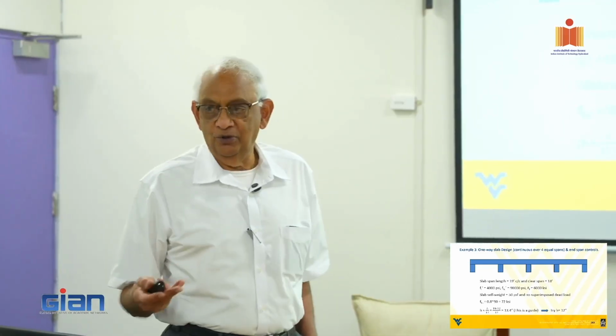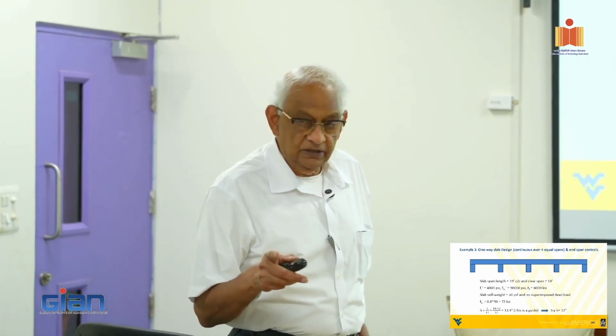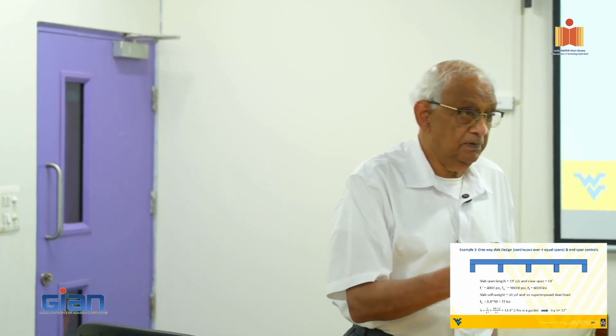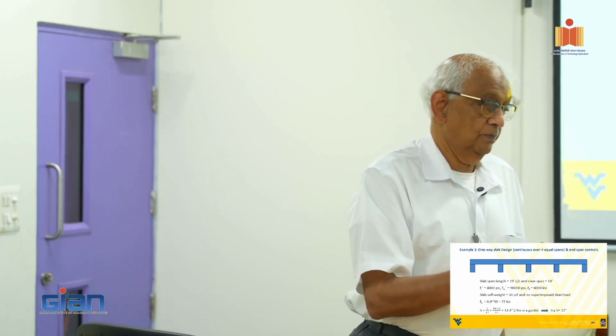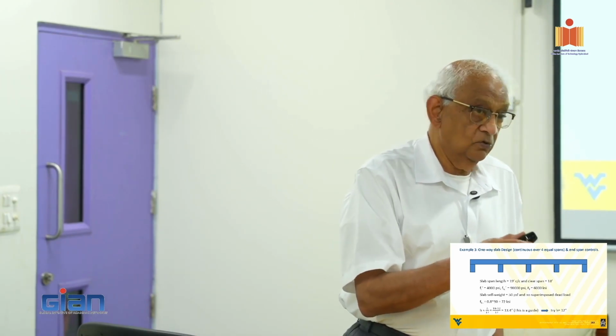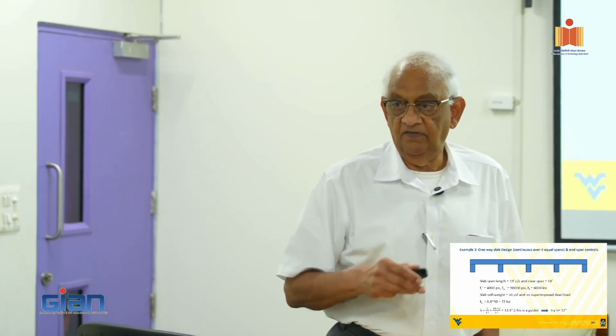That's what the code is calling for. But our code says, I don't know what your code says, WL square over 11 for the max negative, WL square over 17 for the max positive moments. That's an oversimplified approach. Remember that. Those are the words, oversimplified. But that works.